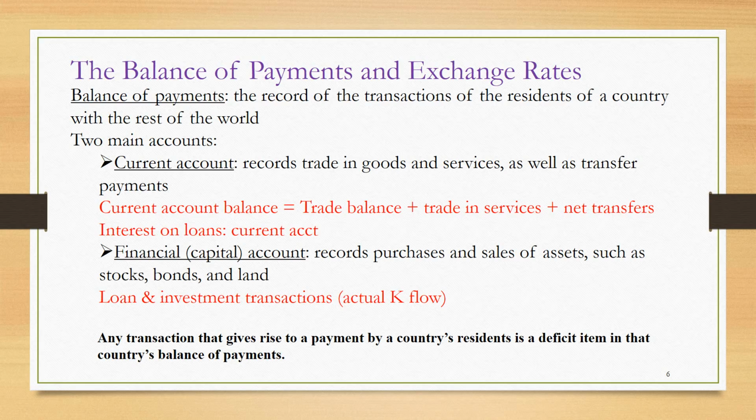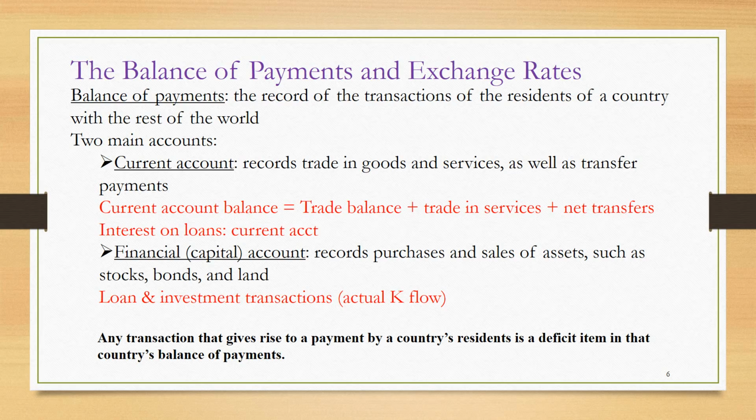Your financial account records the actual purchases and sales of assets, things like stocks, bonds, and land. The actual capital flow goes onto the capital or financial account, whereas any net interest income is recorded on the current account. So for instance, interest on loans is actually recorded on the current account.